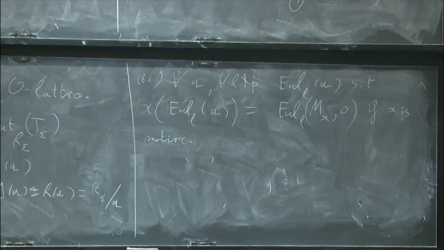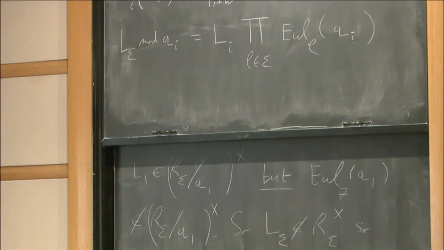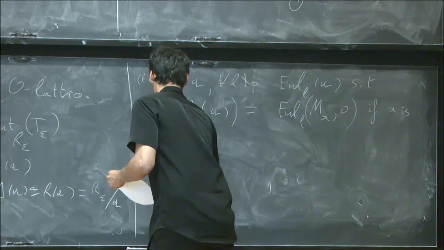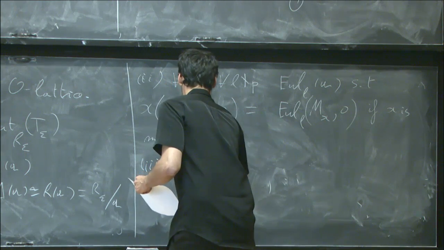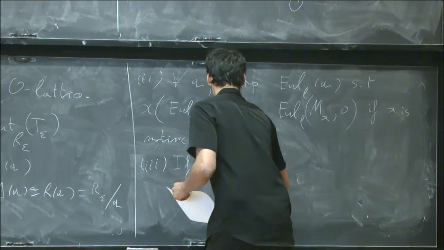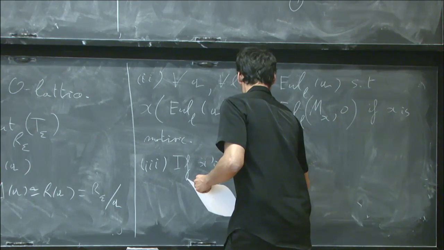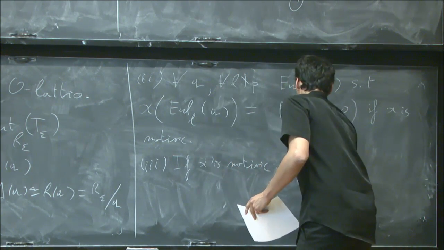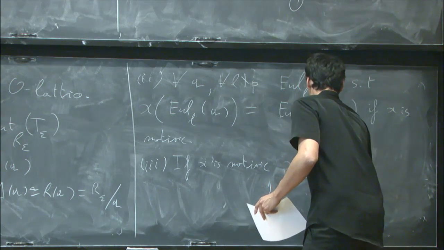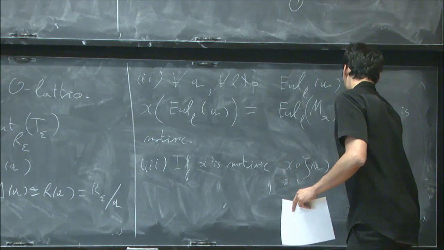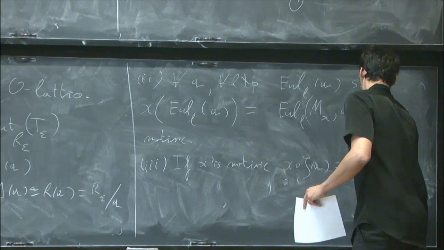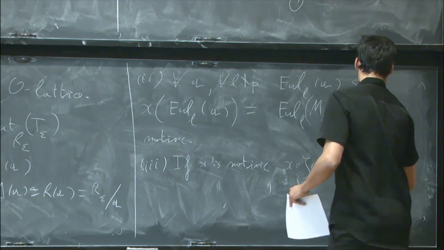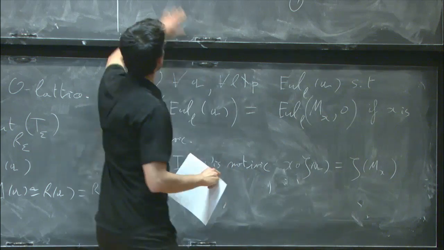And finally, of course, I want a relation like this one. Meaning again, if x is motivic, if I compose a specialization with the isomorphism zeta_A, I should get the isomorphism zeta of M_x.